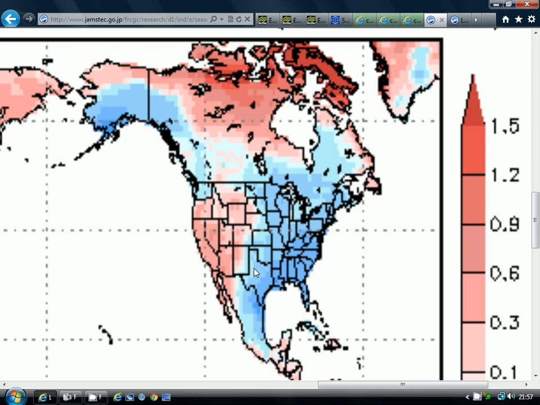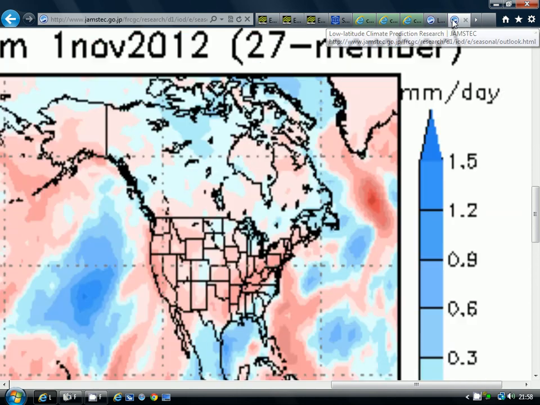I should say the Jamstec IOD model has very much been predicting a colder than average winter here through much of the United States, and it's still going for it away from the west, particularly centered in the east and the southeast. For precipitation, it's going for a dry and average winter for many of these eastern parts of the nation, although it is wetter in the southeast and perhaps running up the eastern seaboard.